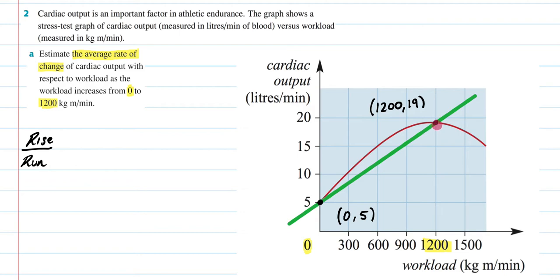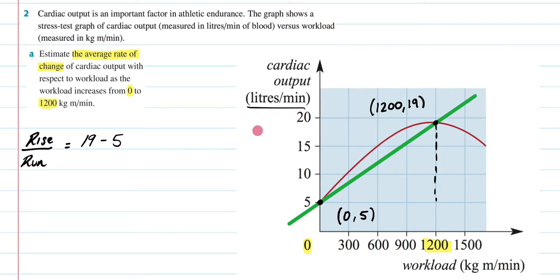The rise is going to be this distance right here. So to find that, it's going to be 19 minus 5, and let's put the units.